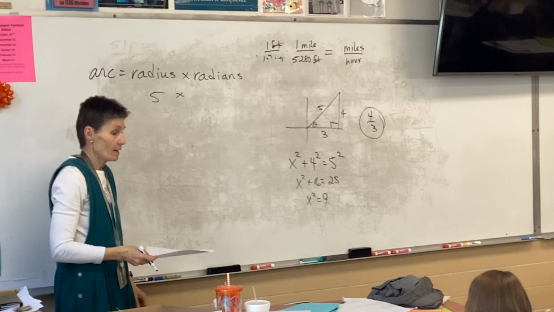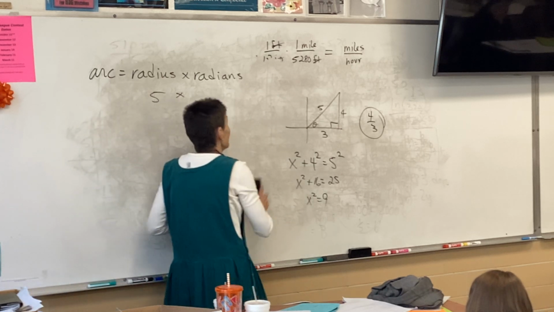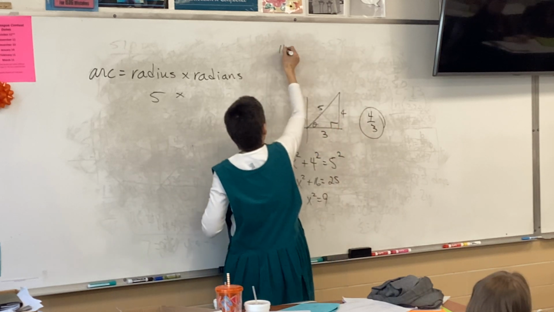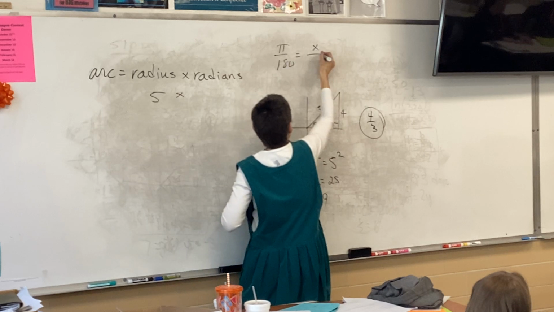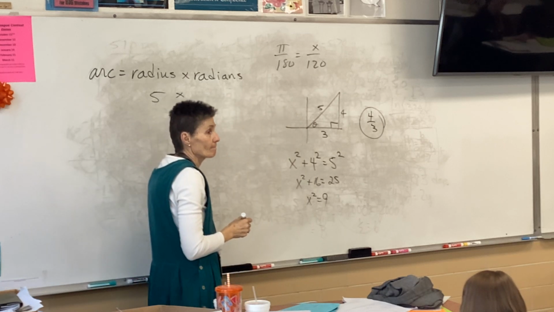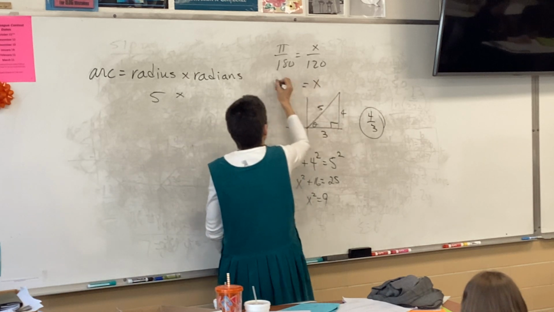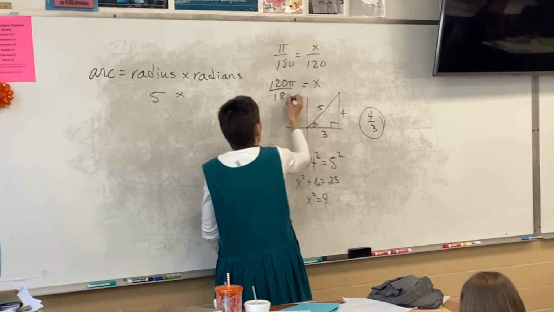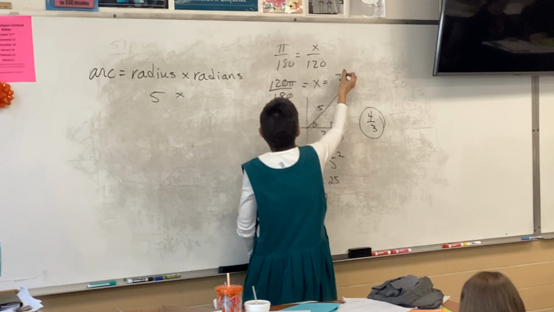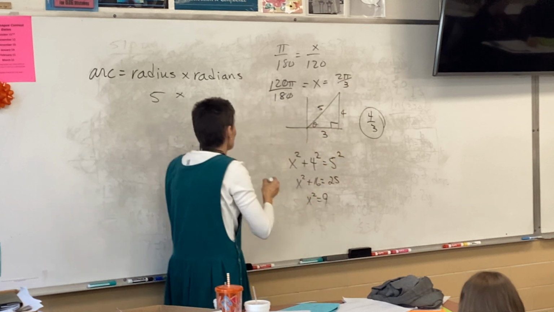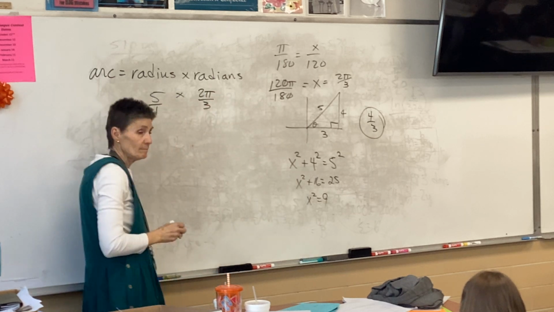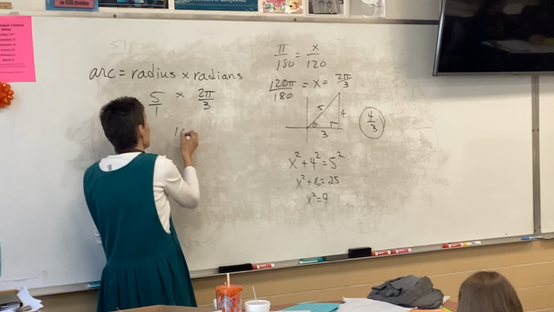So pi over 180 equals something over 120. I would go ahead and reduce that since you're going to have to do some stuff with it. So I think that's 2 pi over 3, times 5 over 1, which is 10 pi over 3.